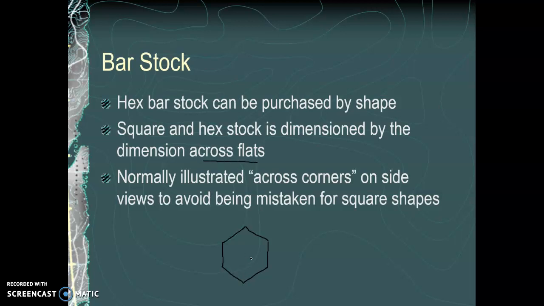So in other words, if we got some 1-inch hex bar stock, that would be 1 inch in that direction, not 1 inch from corner to corner. So that dimension there would not be 1 inch. It's the flat to flat dimension that is the 1 inch.